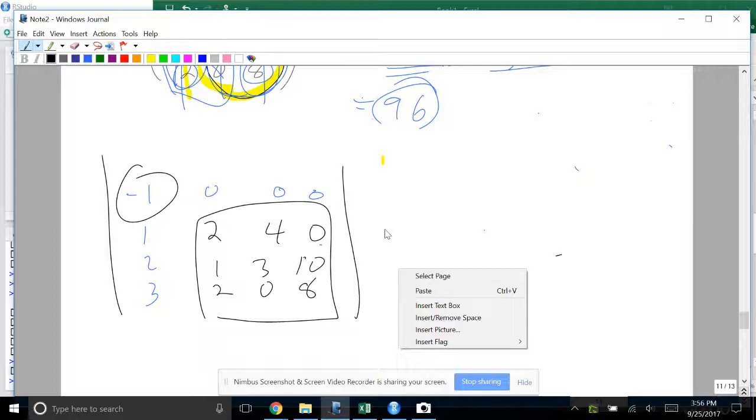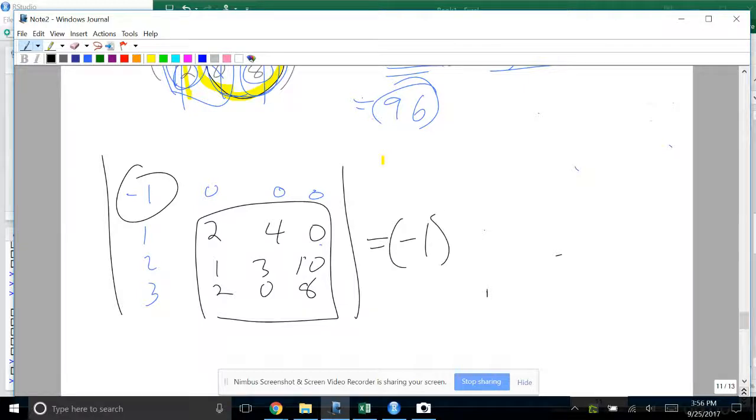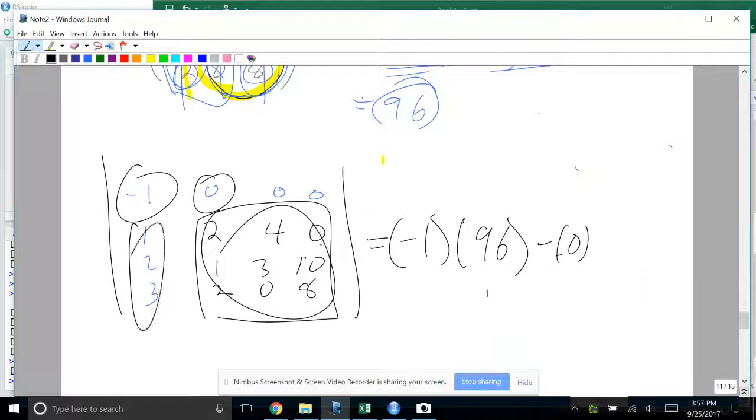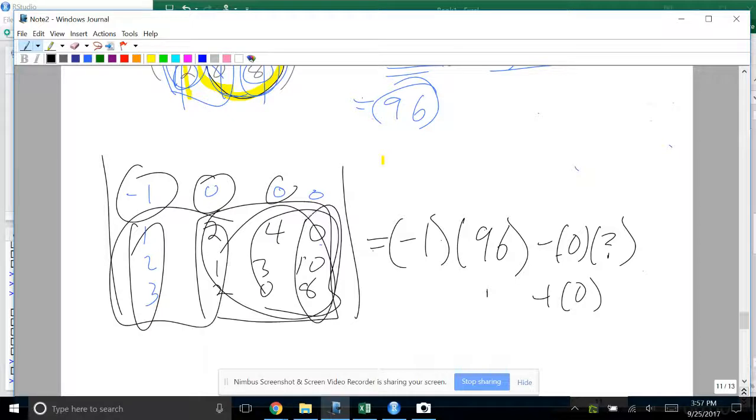Let's see what I can do here. We have negative 1 times negative 1 times the determinant in here, and we found the determinant in there is 96. Then we take minus 0 times the determinant of that, who cares, it's multiplied by 0, plus this 0 times the determinant of these two things in that column, who cares, it's multiplied by 0.